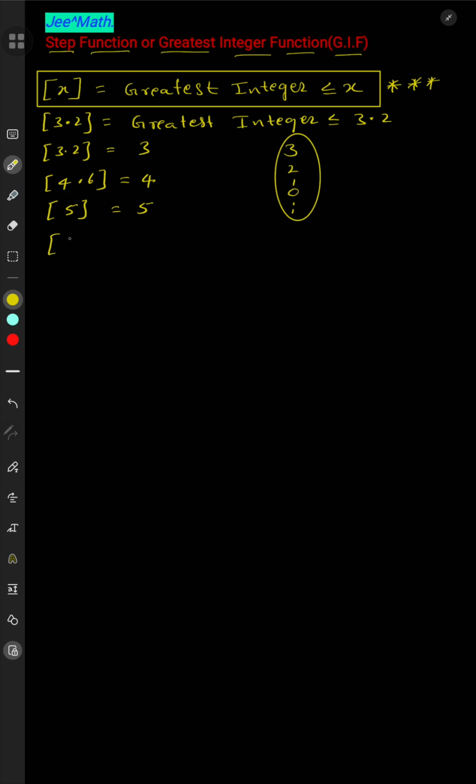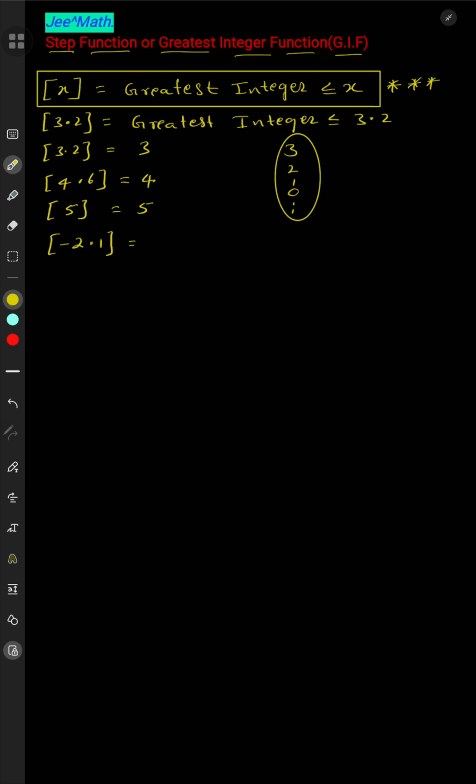Now see about negative numbers. So step of minus 2.1, suppose. So what about this? This is equal to what? If you are getting any confusion or any doubt, you need to go for the basic equation. What is that? Step of x is equal to greatest integer less than or equal to x.